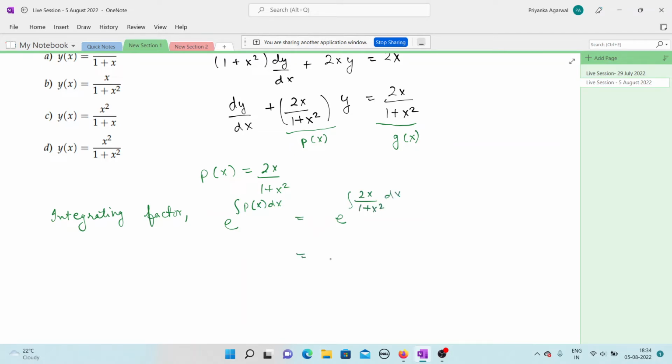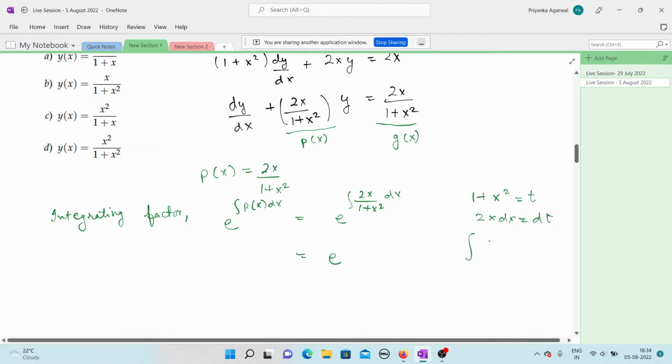In this integral, let's say if you take 1 plus x square as some t, you will have 2x dx equals dt. So this integral will become dt over t, which is log of t. So this will be simply log of 1 plus x square. Right?